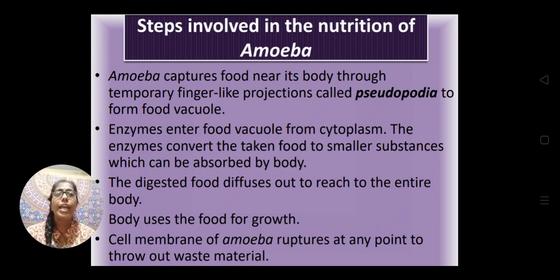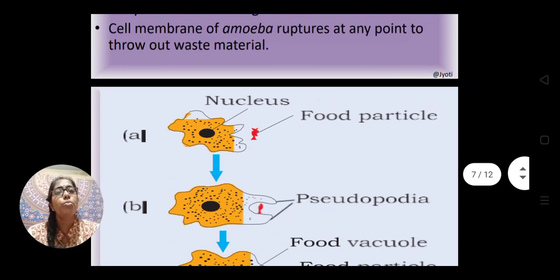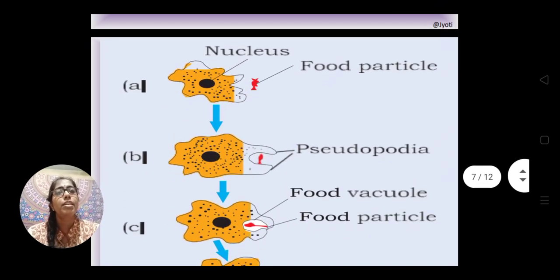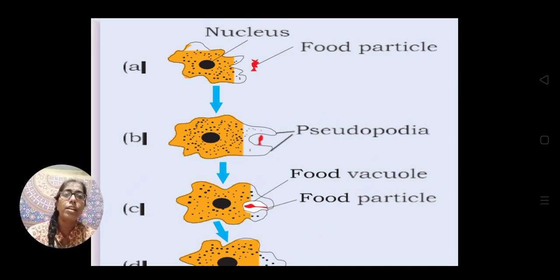Okay, the pseudopodia are formed in the direction where the food particle is present. Here you can see the food particle shown in red color, and the original structure of the amoeba in orange color, which is the cytoplasm of the amoeba.